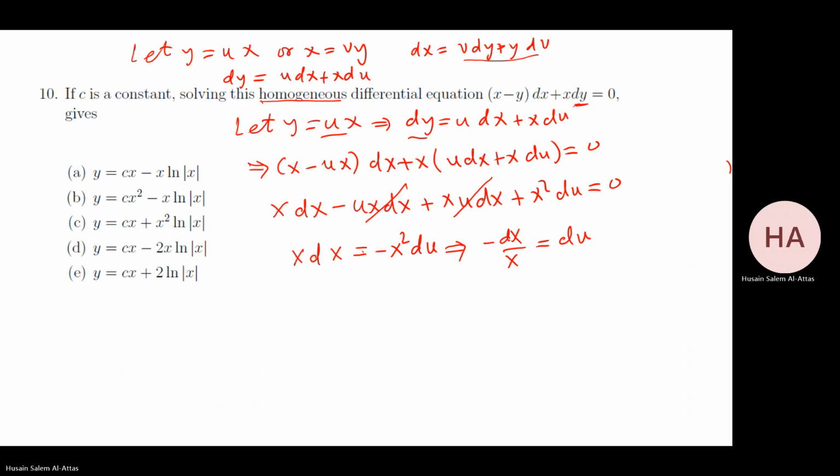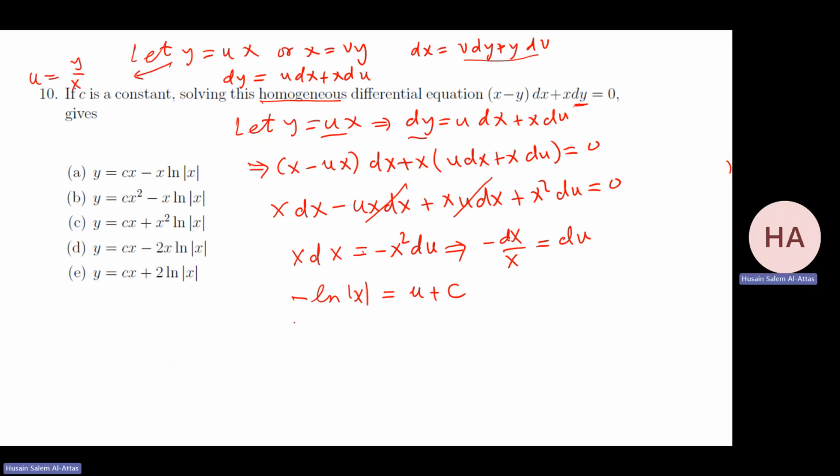So I divide by minus x squared. So I have minus ln absolute value of x equals u plus c. Don't forget, if y equals ux, what will u be? y over x.